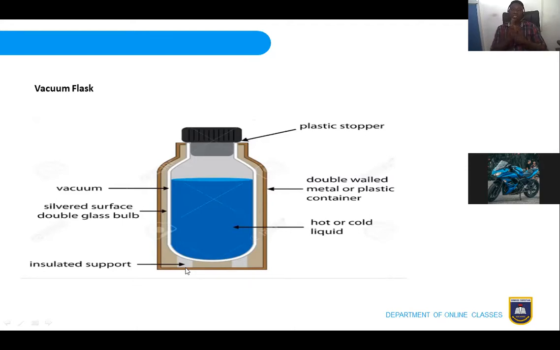So there is a transfer of heat to the colder object. There must be contact during conduction. So the insulated support is there to separate the two bodies from coming into contact. So when the inside walls get extremely heated, the heat is maintained inside. It doesn't transfer the heat to the outer walls.